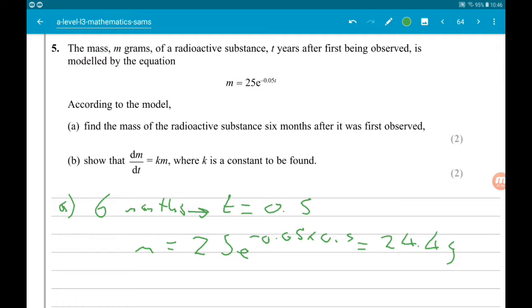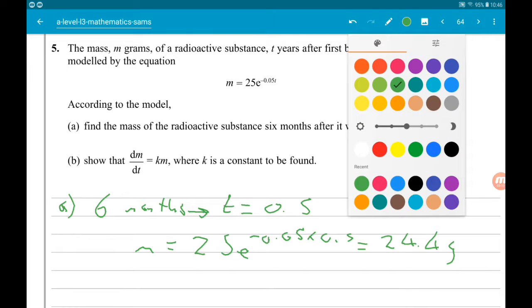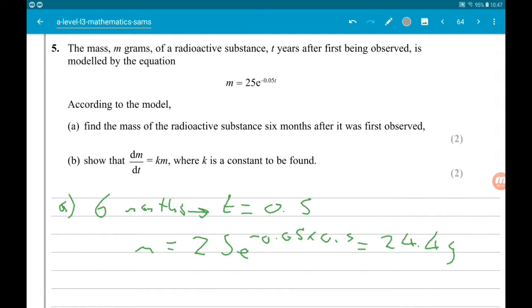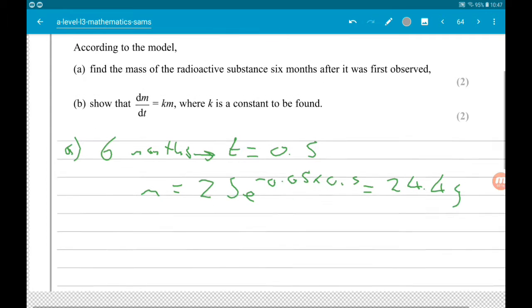Okay, then for part B, we want to show that dm by dt is equal to km, where k is a constant to be found. Okay, so that just means then, well, we need to differentiate.